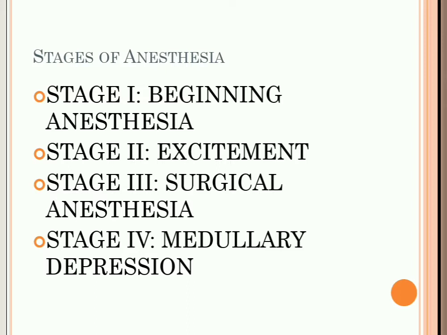Analgesia, relaxation, and reflex loss. Your patient now under general anesthesia is not arousable even to painful stimuli. They lose the ability to maintain your ventilatory function and they require assistance in maintaining a patent airway. Your cardiovascular functions may be impaired as well.